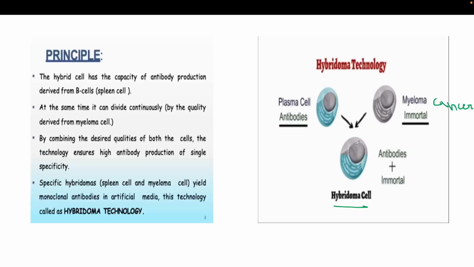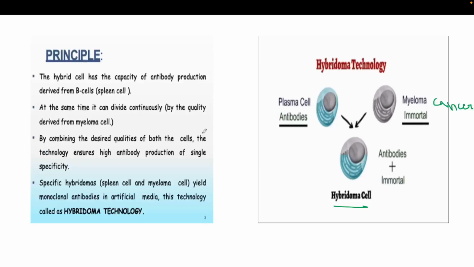Okay, so the hybrid cell has the capacity of antibody production derived from the B cell. At the same time, it can divide continuously by the quality derived from the myeloma cell. It can divide for infinite time because it is immortal in nature, and this characteristic comes from the myeloma cell. By combining the desired qualities of both cells, the technology ensures high antibody production of single specificity.